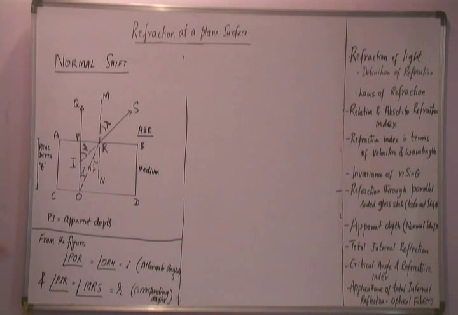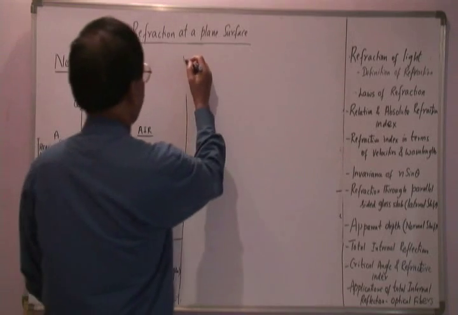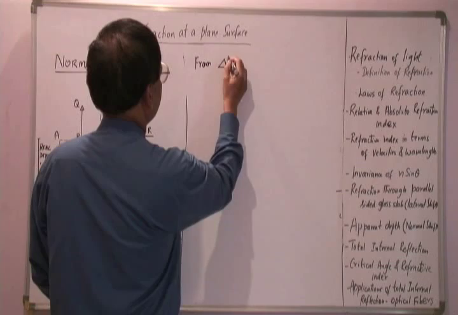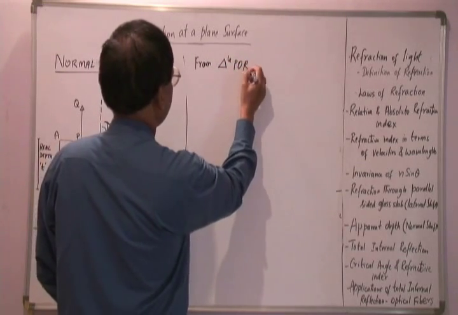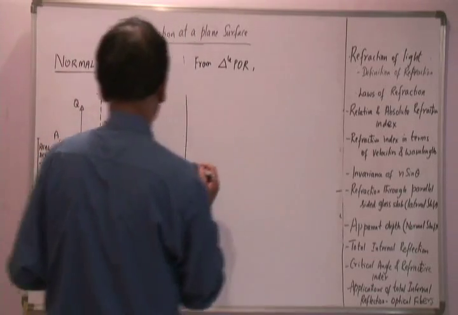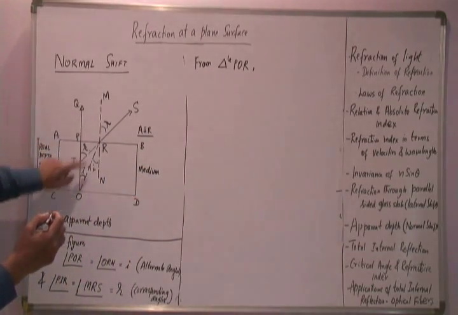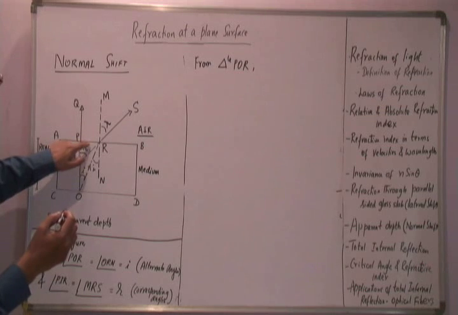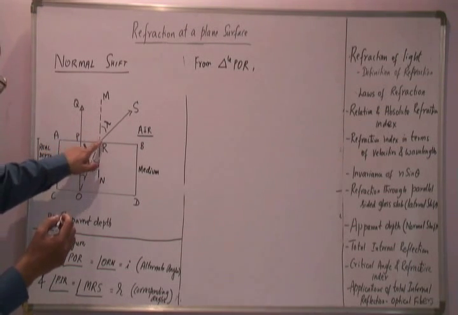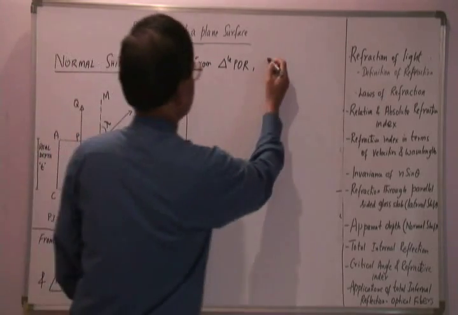Now let me find out from triangle POR, which is basically a right angle triangle. In triangle POR, sin I is equal to opposite side divided by hypotenuse. That means sin I is equal to PR divided by OR.